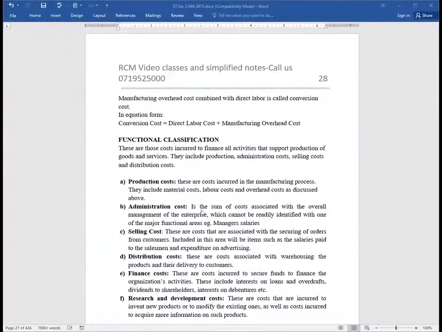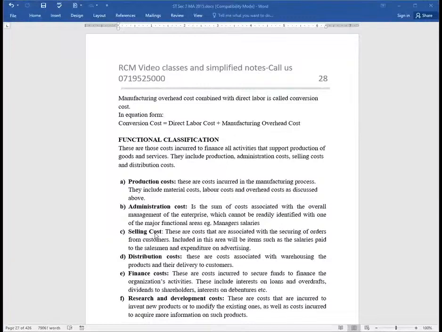Then we have administration. Administration is a key function of any serious entity. It's the sum of costs associated with the overall management of the enterprise, which cannot be readily identified with one of the major functional areas. A very good example of administration will be the manager's salaries. We have selling.